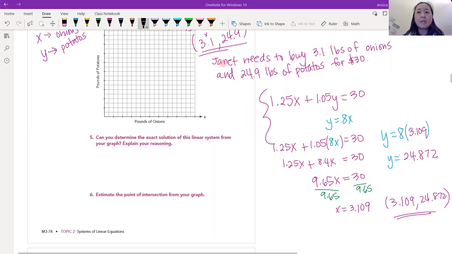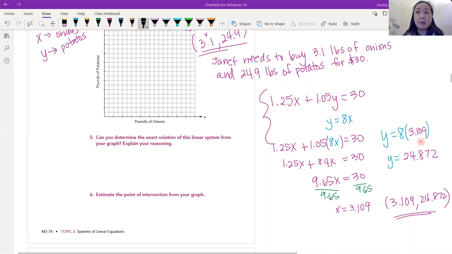And then how do we get the other one? You can plug it into either the bottom equation or the top equation. I would pick the easier one. So I think the bottom one is the easier one. So that's what I'm going to do. So y is equal to 8 times 3.109. I would not round it here. Do not say 3.1 here. I would round as little as possible.